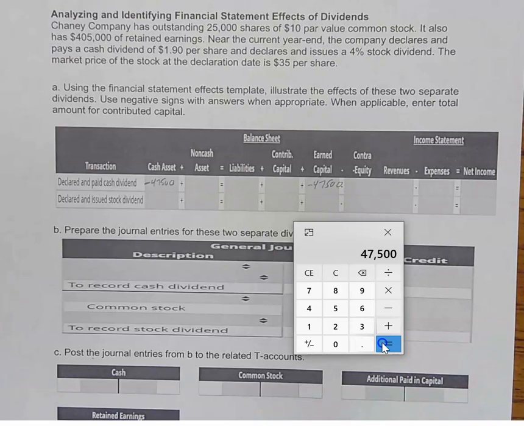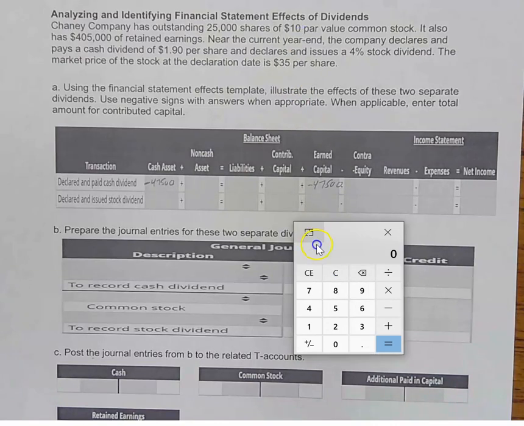So how do we handle stock dividends? Stock dividends will impact the mix of owners' equity, but will not ultimately change owners' equity whatsoever. So, a 4% stock dividend.